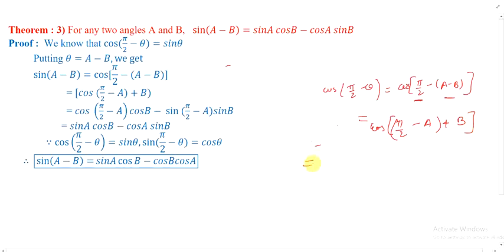Now this is of the form cos(x+y), where this is one angle and this is another angle. Let us see, this is x and this is y. Therefore it is equal to cos(π/2−A) into cos B minus, because there is a plus sign, therefore we will have a negative sign, because this is the result for cos, sin(π/2−A) into sin B. Again, what is the result for cos(π/2−θ)?